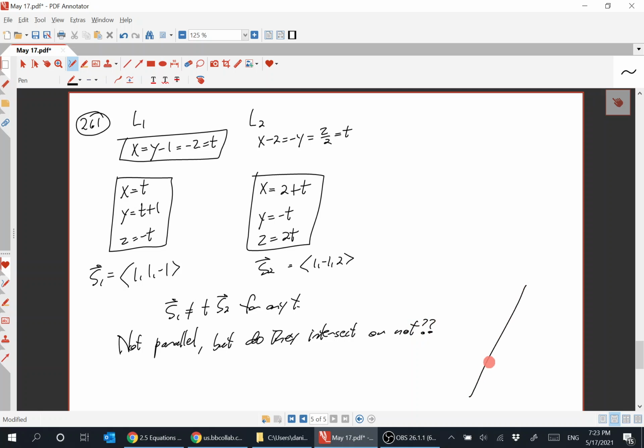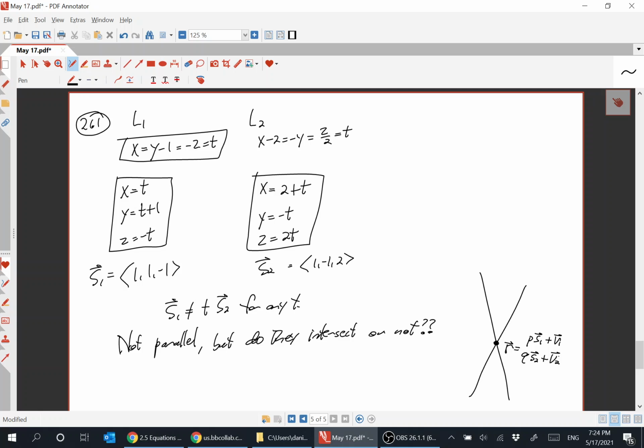If two lines intersect, they'd have some intersection point. So this intersection point R is going to be equal to P plus slope 1 times V1, I guess we'll call it. It's also going to be Q plus slope 2 times V2.